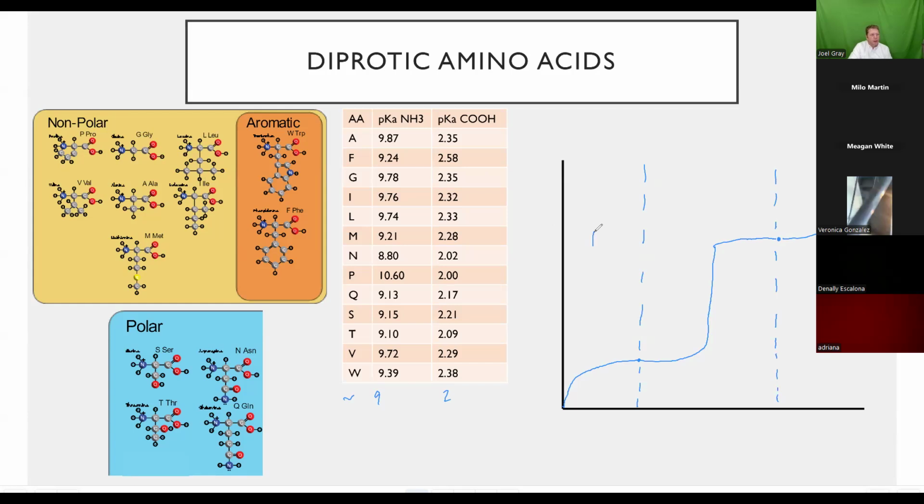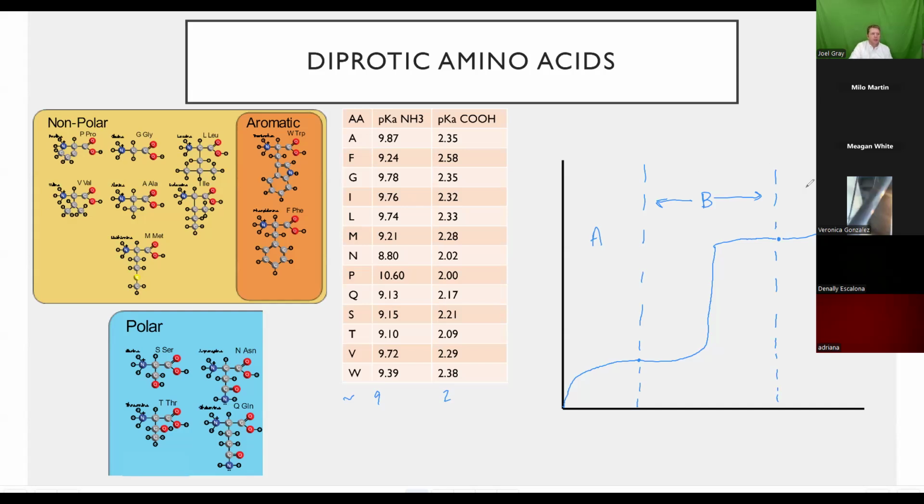Here I'm going to label A. That's the fully protonated form of all of these amino acids. B, from dashed line to dashed line, is where my C termini, my predominant form, is deprotonated.